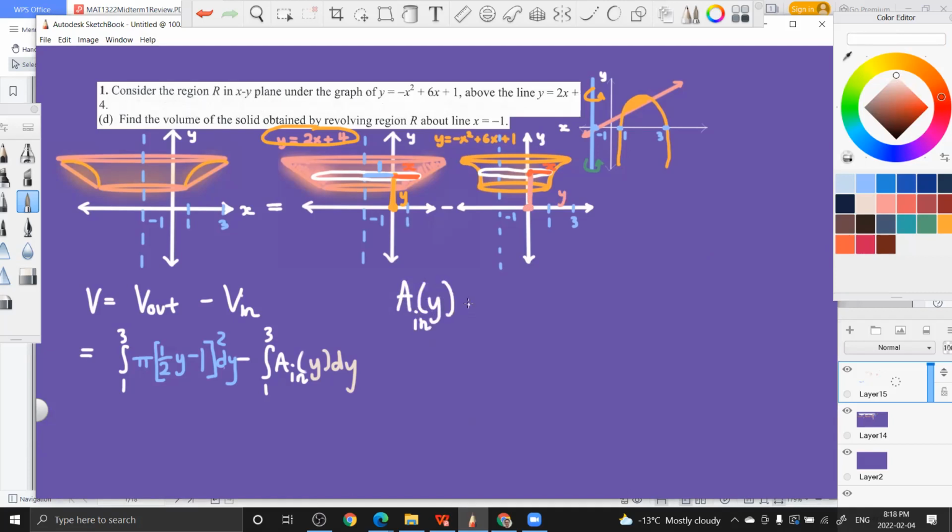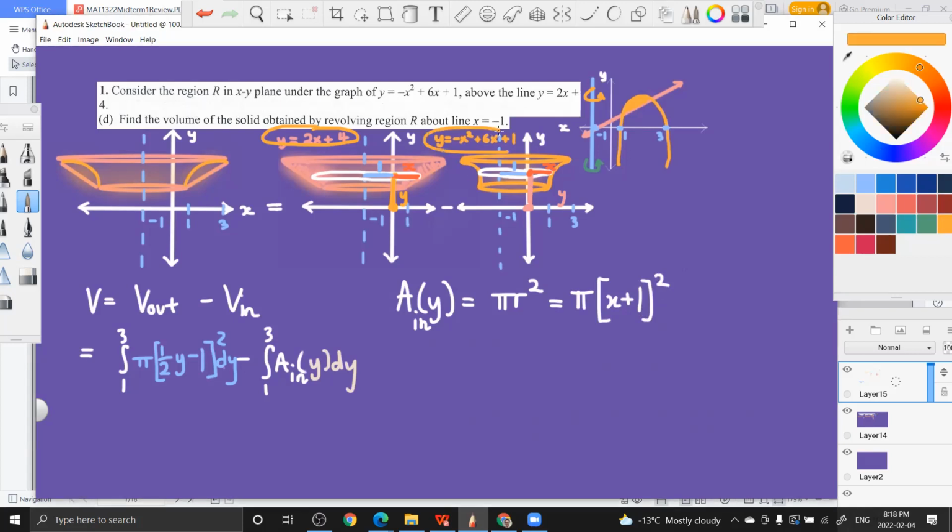So A in of y is equal to pi times the radius to the power of 2. The radius is x plus 1, remember? Because from here to here, the distance is 1. So the radius is x plus 1.